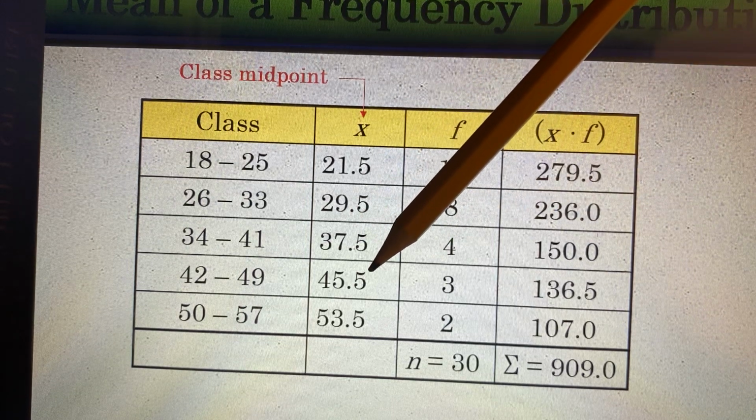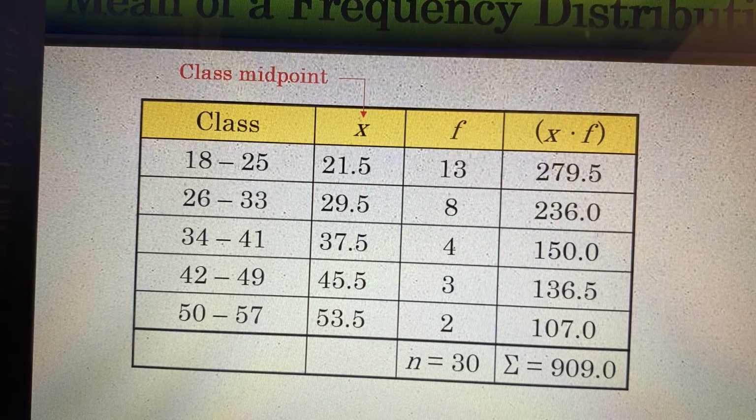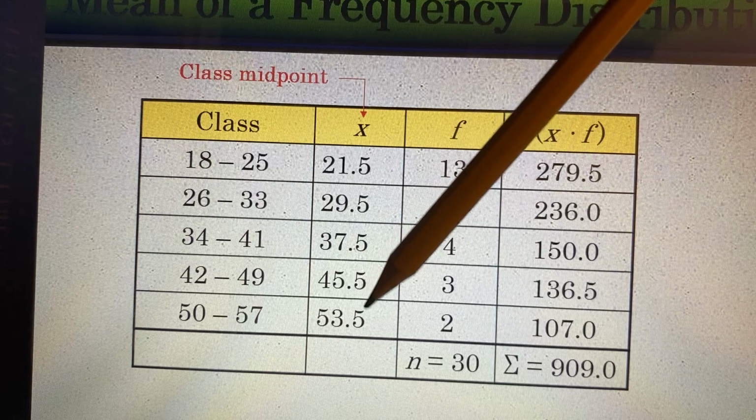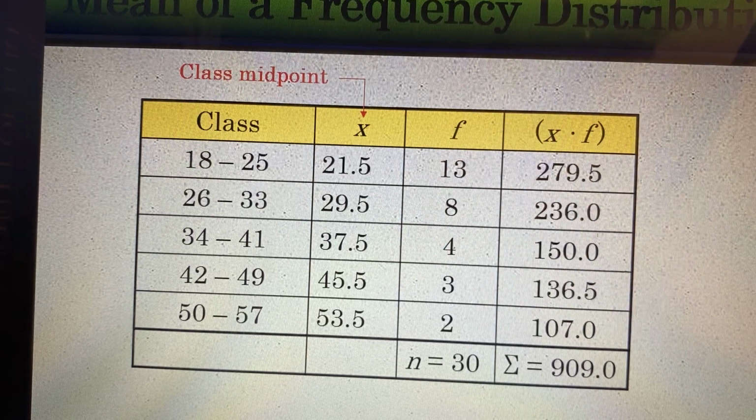The next midpoint, 45.5 times 3 gives me 136.5. Our next midpoint, 53.5 times 2 is 107. The next thing in the formula, we need to find the sum. When you see sigma, that means you're adding. Those numbers get added up and we get 909.